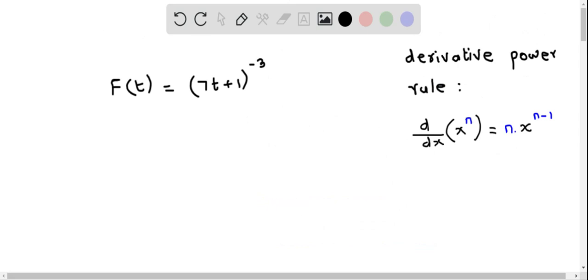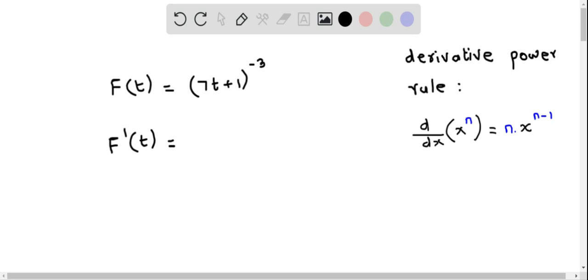We now find the derivative of the function f of t, which we simplified. So here we have f of t equals (7t plus 1) raised to the power of negative 3. I'm going to find its derivative, f prime of t, and we are going to use the chain rule as well as the power rule. In the chain rule, we have to consider the outside as well as the inside function.